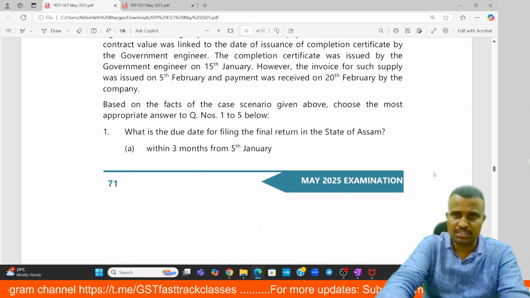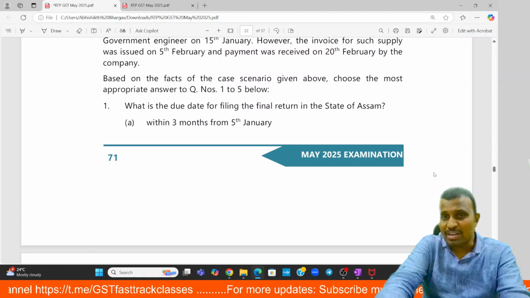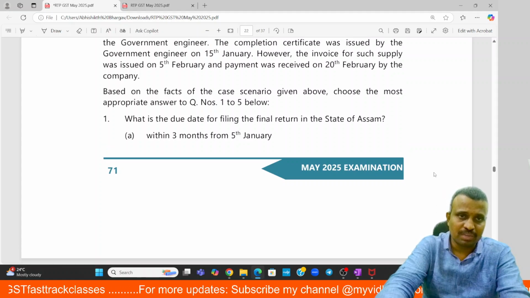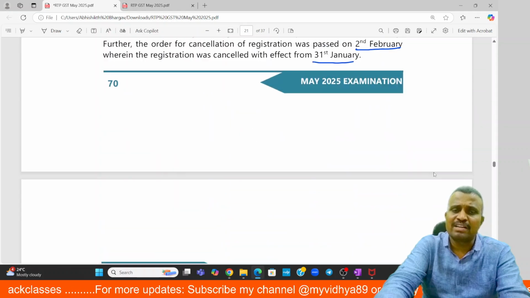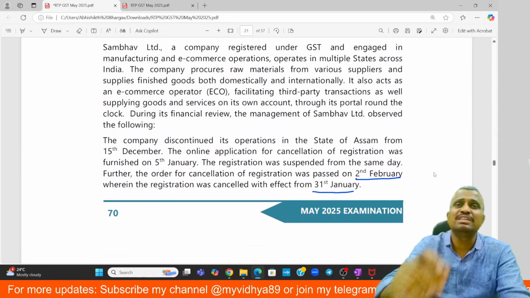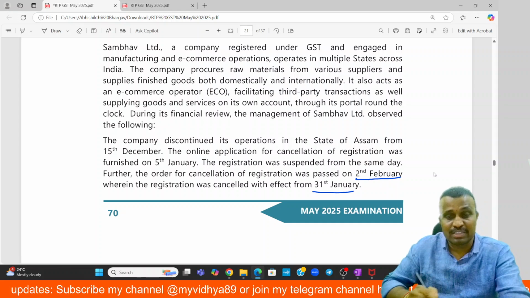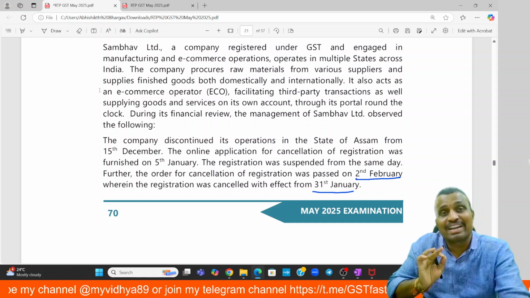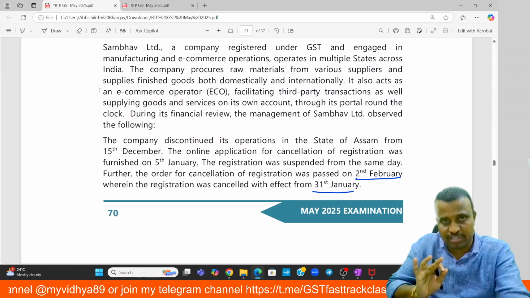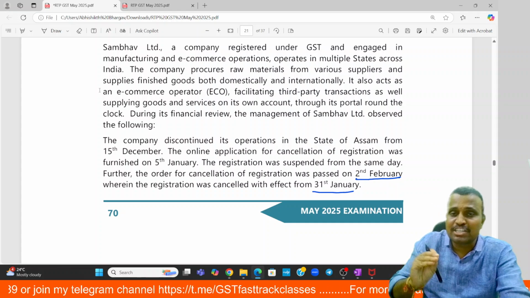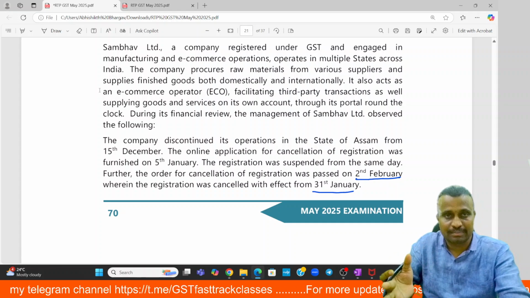Okay. Then the first question: what is the due date for filing the final return in the state of Assam? Generally, the final return will be filed by the party within 3 months from the date of cancellation of registration or date of issue of cancellation order, whichever is later.